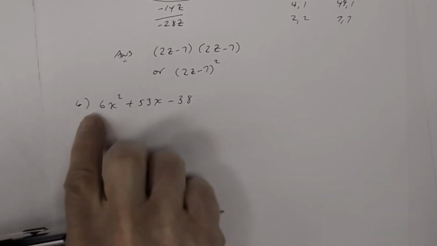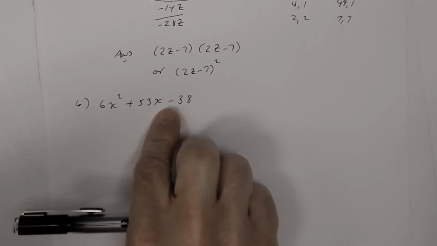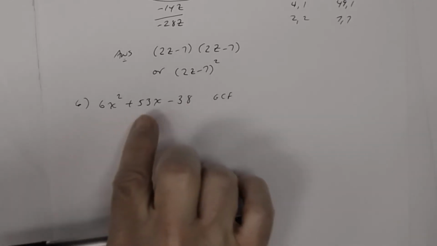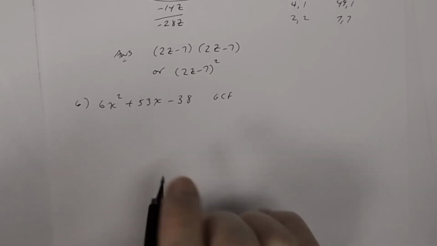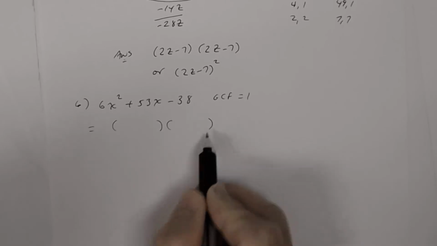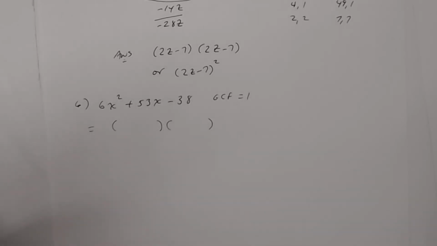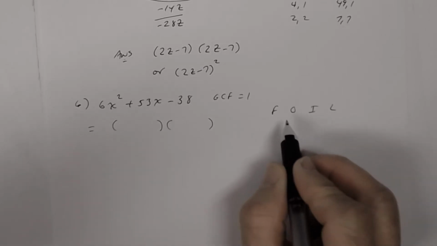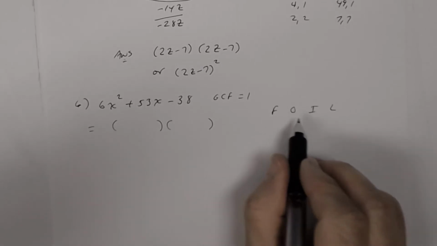So look for the GCF first. First of all, this is in descending order, so that's a good thing. Now let's look at the GCF. The GCF of 6, 53, and 38 is 1. So now that means I'm going to factor this as 2 binomials. Now let's look at the first. Remember, notice in every problem I'm doing, I'm writing the word FOIL.